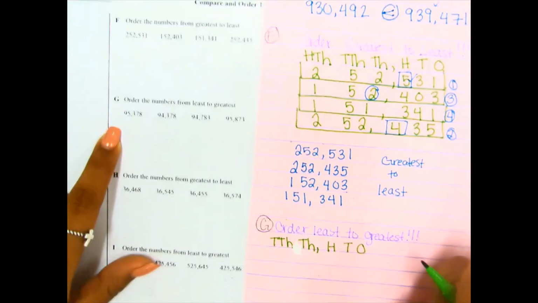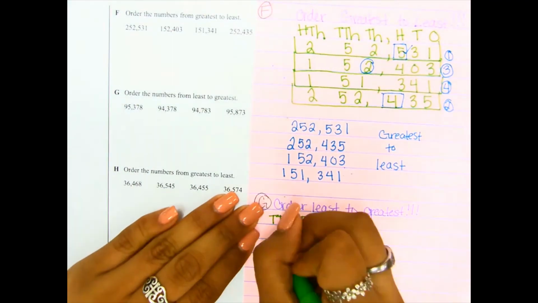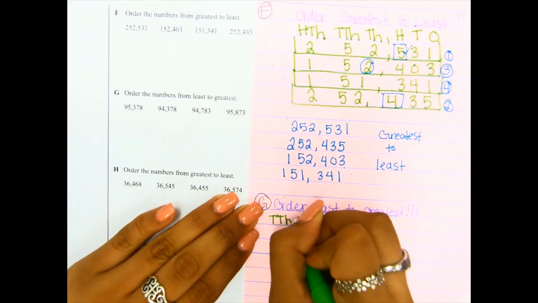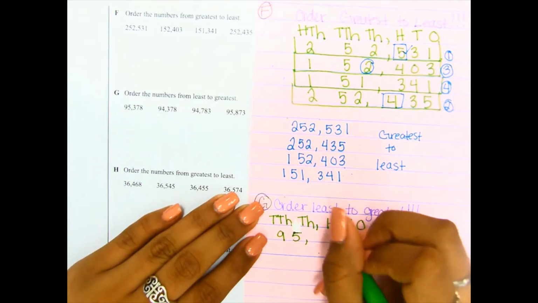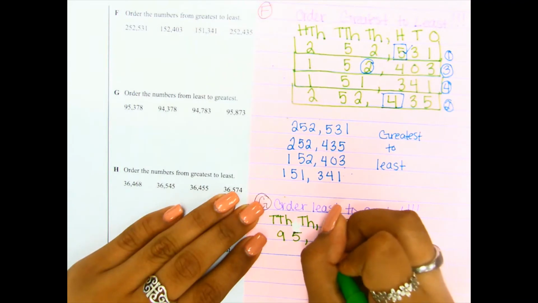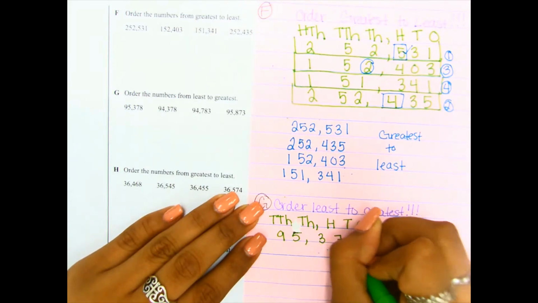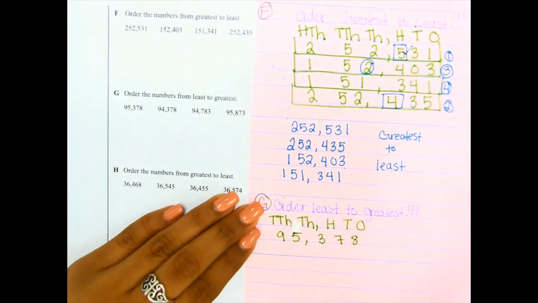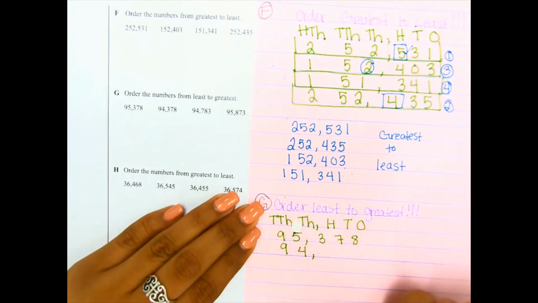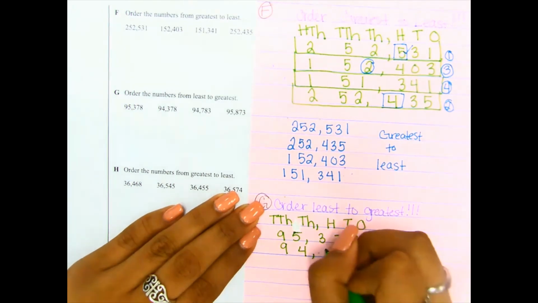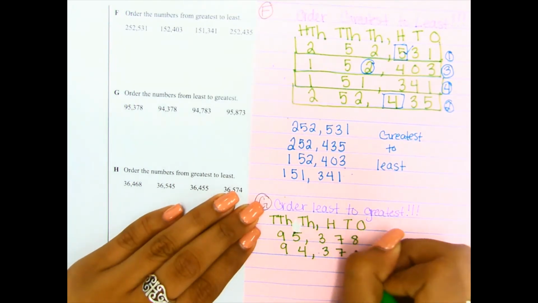So my numbers are 95,000. My numbers in my hundreds are 378. My next number is 94,378.